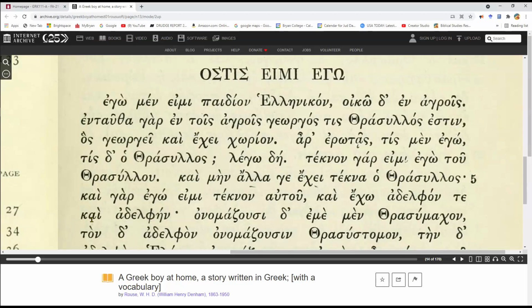Ego, men, eimi, paidion, Hellenikon. Ego, men, eimi, paidion. I am, good. I am something Greek. Hellenikon is capitalized, so it is a name.